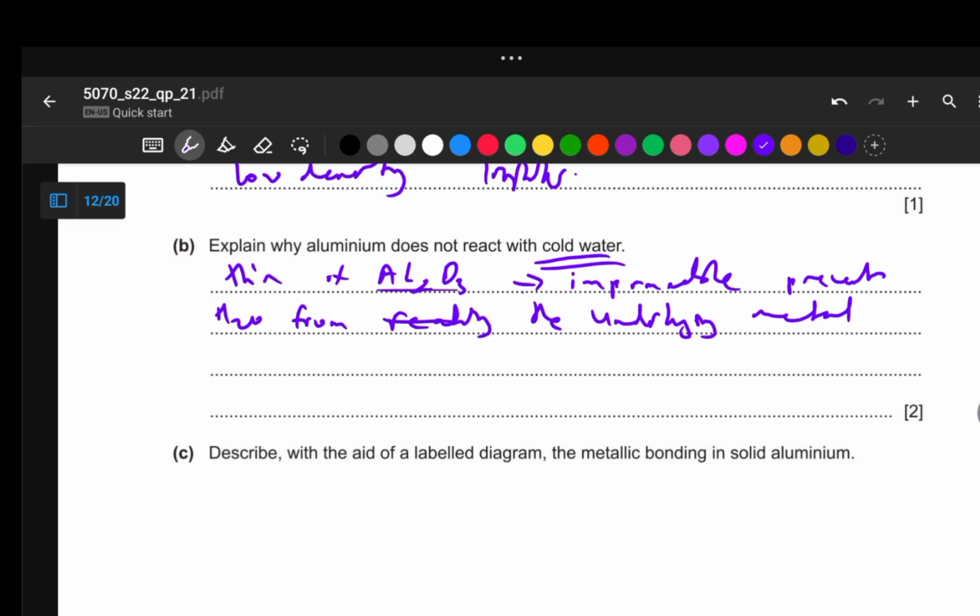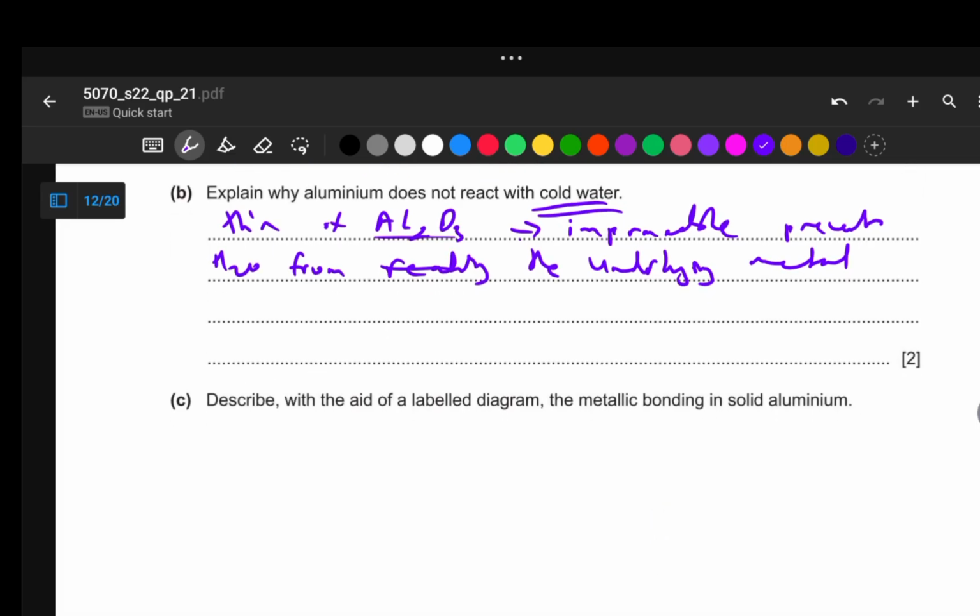And we go on to part C, which says describe, with the aid of a labelled diagram, the bonding in solid aluminium. So aluminium is a metal, which means we have metallic bonding. We have alternating cations lying in a sea of delocalized electrons, right? So aluminium is in group 3.